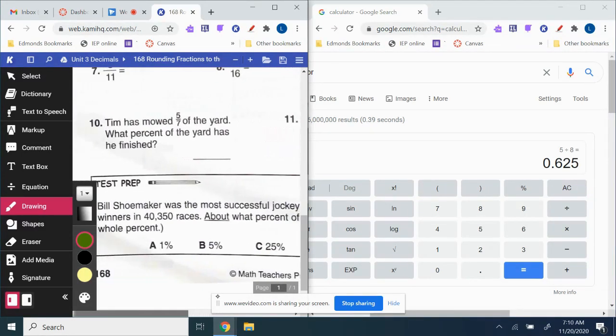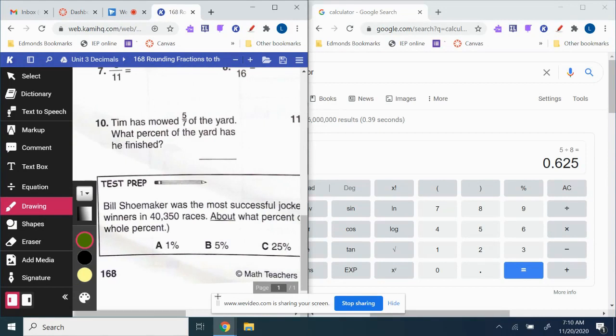Let's try one of these story problems. Tim mowed 5/7 of the yard. What percent of the yard has he finished? So I'm going to convert 5/7 to a decimal. Put it into my calculator. Get a huge messy number.